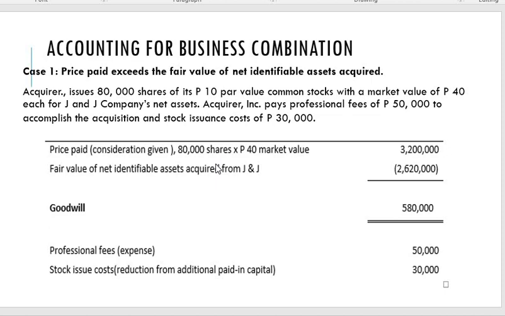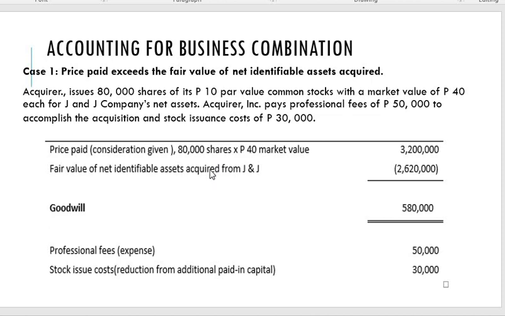This is an acquisition-related cost, a direct cost in relation to the consummation of the business combination. Also, since the consideration is an equity instrument, or shares, there is a stock issuance cost amounting to 30,000 that the acquirer incurred.